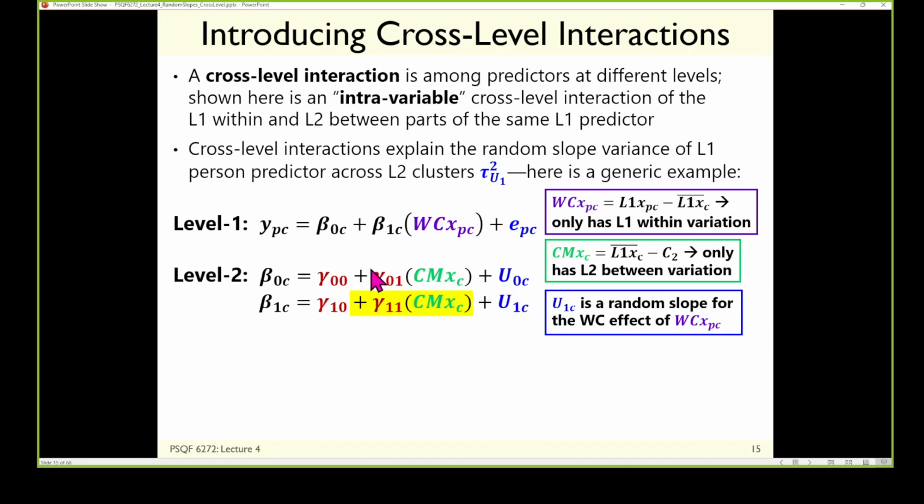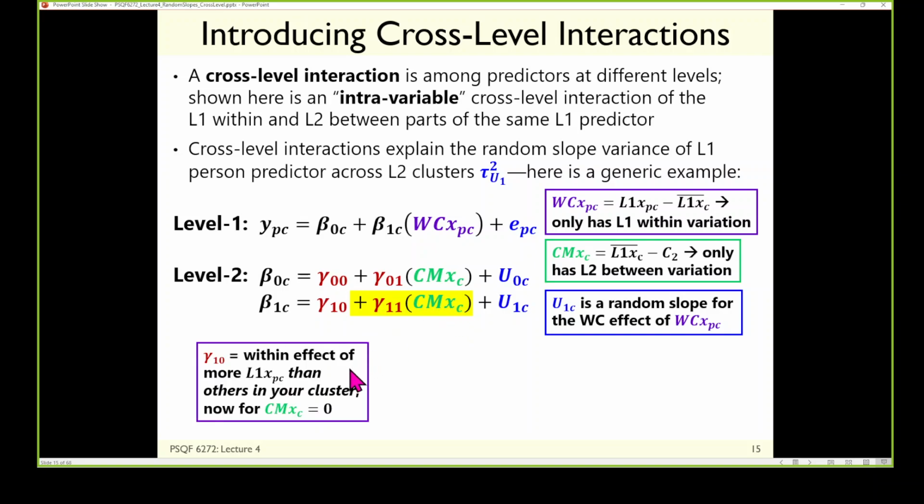So in this case, it looks a little crazy, but gamma 10, that's the main effect of my person predictor at level 1. That is now specifically when CMX, as the interacting variable, is 0. So conditional, simple effect is the term for it, even though it's complicated.